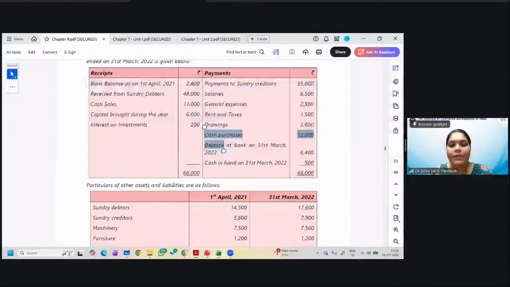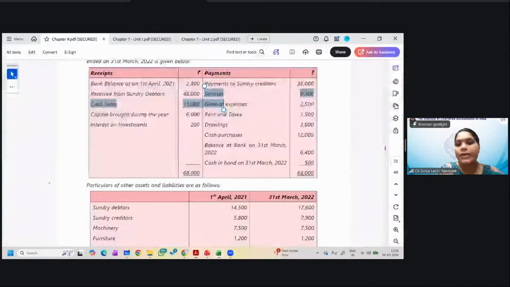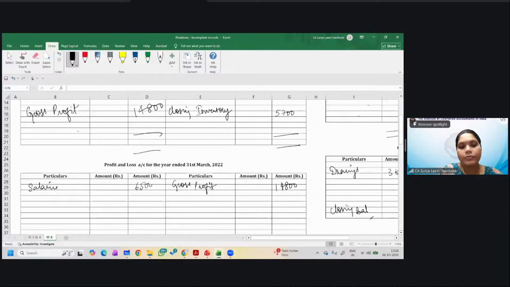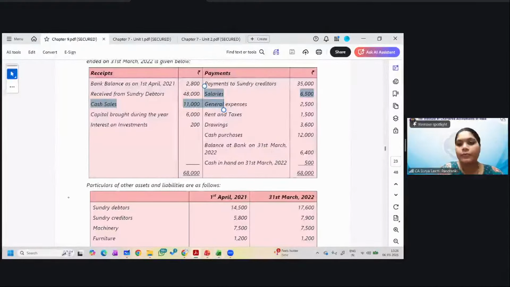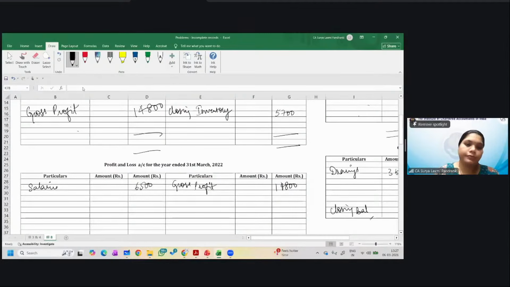Now any other expenses you have will come up here. What are the expenses we have here? Salaries is one thing: 6,500. And we have general expenses, 1,500.